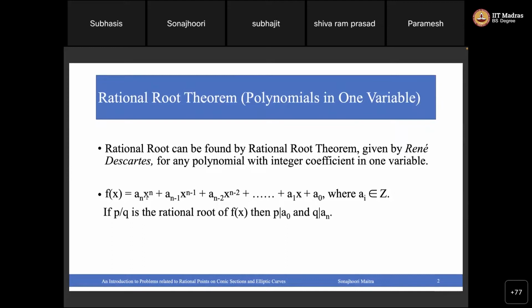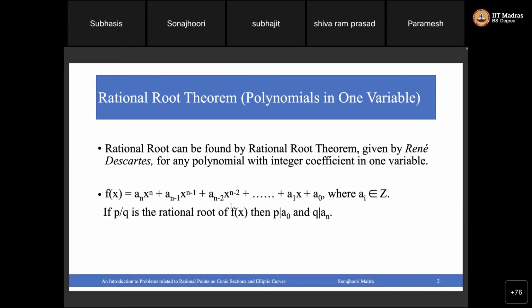It's not necessary that all the fractions we get by this theorem would be rational roots, but it is for sure that if there is a rational root of this polynomial, it would exist in that set of fractions that we got by the rational root theorem. So this is all about how we can find rational roots of polynomials in one variable.